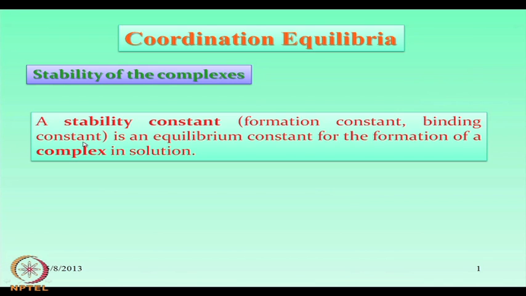So, when we are talking about the metal and the ligand system, we will be talking about the corresponding binding of the metal ion with that of the ligand. It is therefore an equilibrium constant for the formation of the complex in solution. So, how quickly do we get the corresponding complex species in the solution?